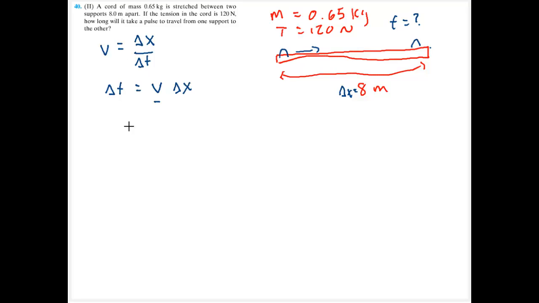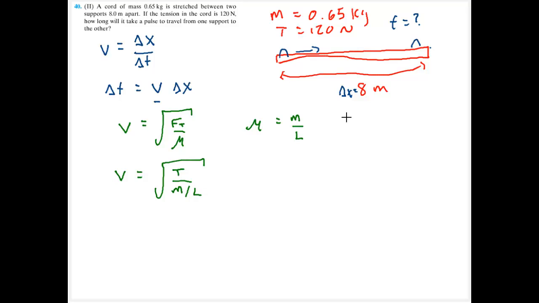So I can take a look and I see that equation 11.13 is going to relate the velocity of a pulse on a string to the square root of the tension force, as well as this mu value, which is simply going to be equal to its mass per unit length. So I could also say the velocity is going to be equal to the square root of the tension force divided by the mass divided by the length. I know that the length is equal to 8 meters, and I know the mass, so now I know everything that I need to know.